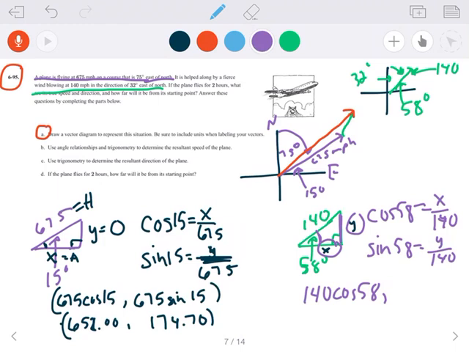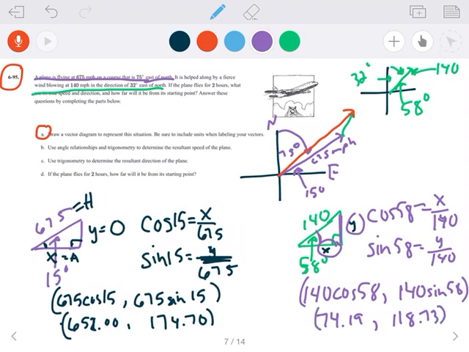And so to write that, we're going to take 140 times the sine of 58. And when we calculate those, 140 times the cosine of 58, we get 74.19. And 140 times the sine of 58, we get 118.73.